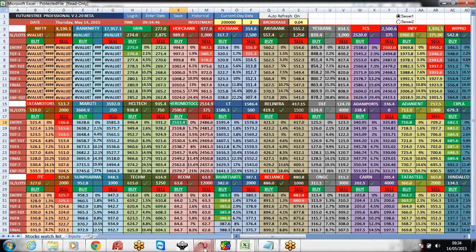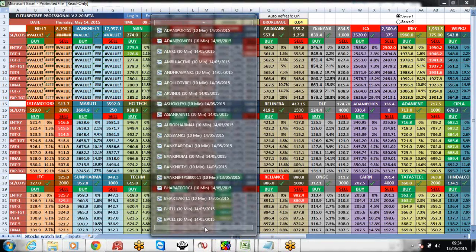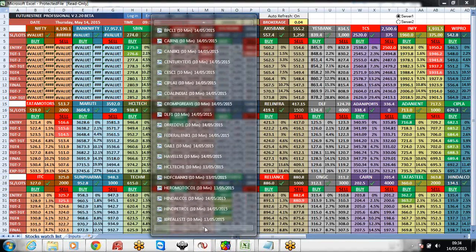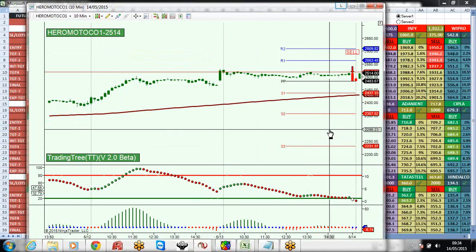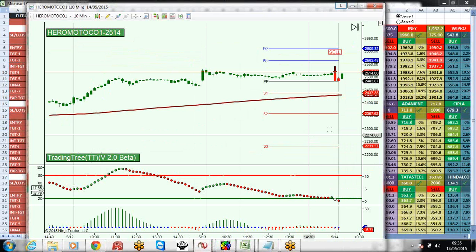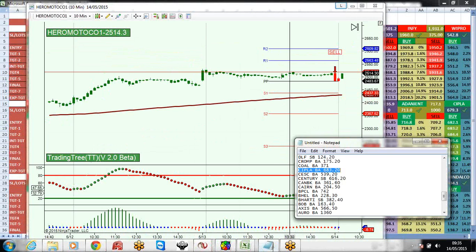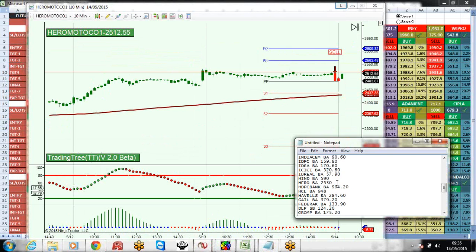Hero MotoCorp is a buy. Let's get the chart for that. You can see that here. We have a buy for Hero Moto at 2530.